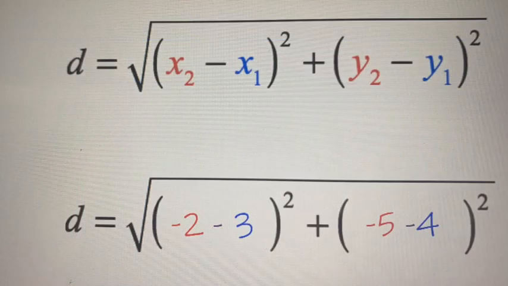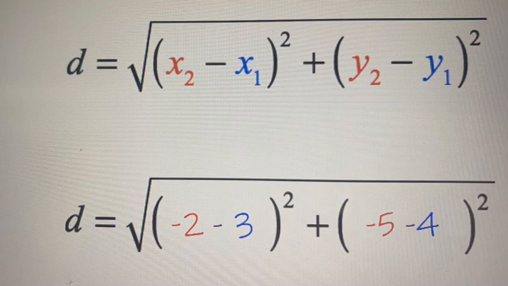I suggest you write the distance formula down at the top of your page every time you are doing something with distance. Now notice here I'm replacing x sub 2 with -2, x sub 1 with +3, y sub 2 with -5, and y sub 1 with +4. I've also color coded it so you can see which things go together.